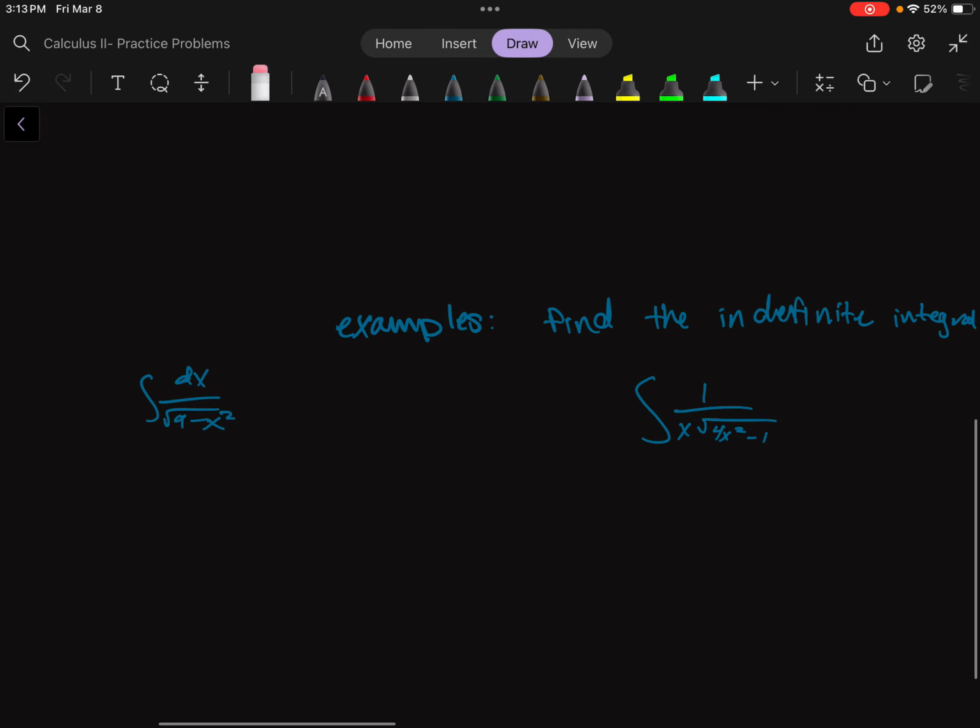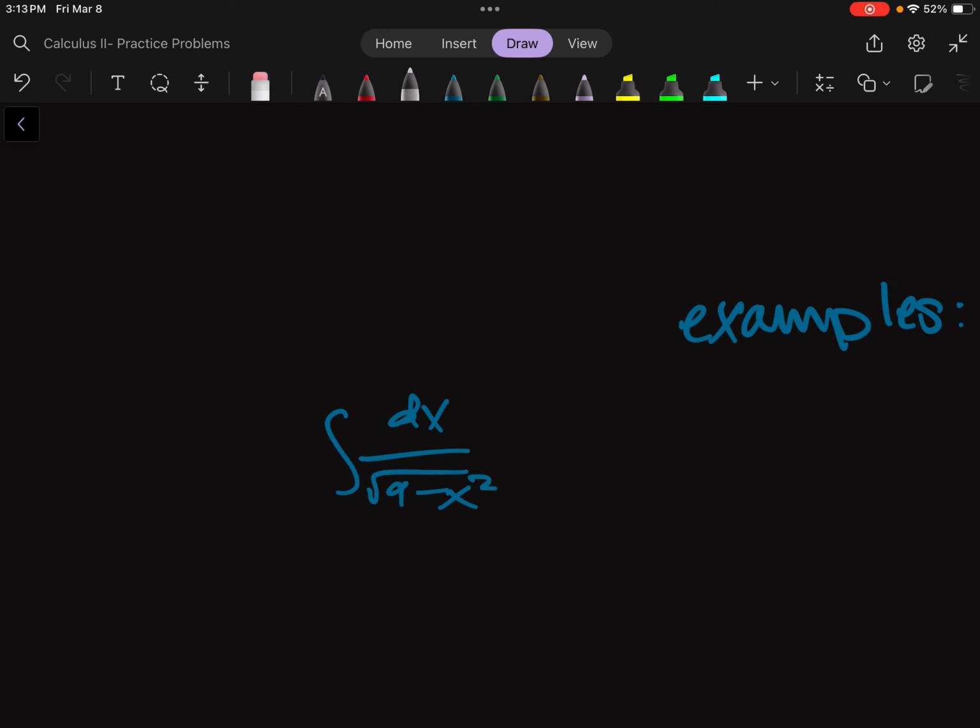If we call a equal to 3 and u equal to x and du equal to dx, then we have the integral of du over the square root of a squared minus u squared, which turns into arcsine u over a plus c.